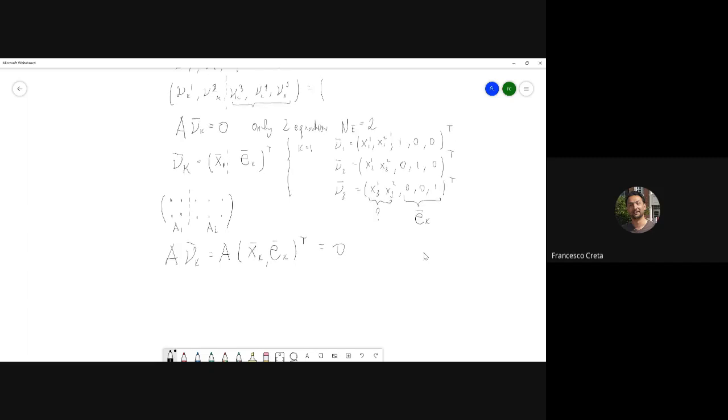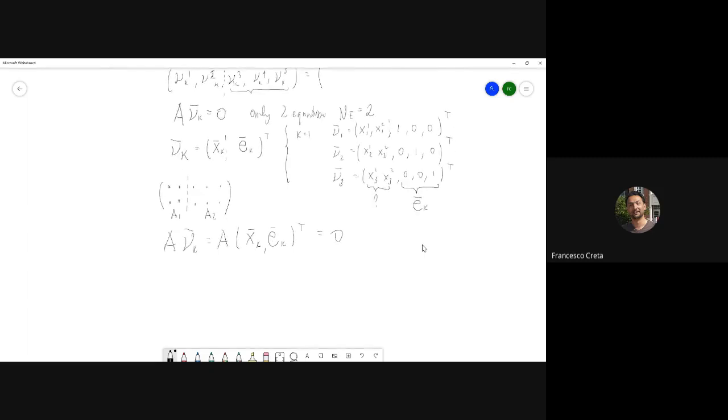In order for me to be able to multiply A1 and A2 by the vectors x_k and e_k, it's more straightforward than it actually seems.